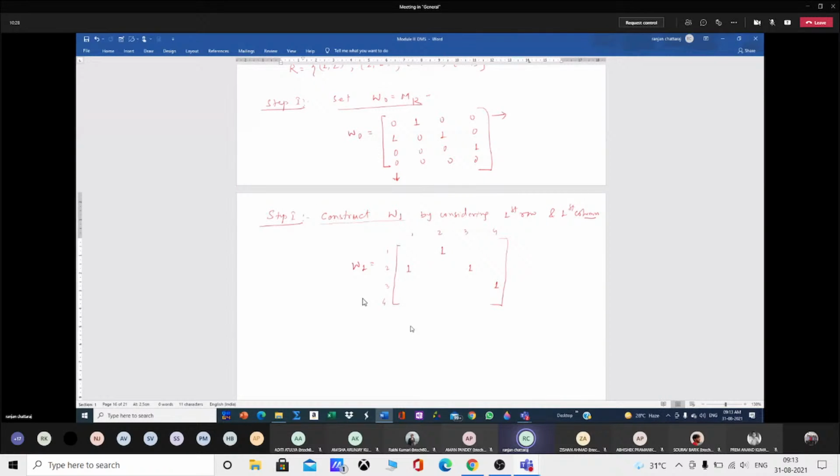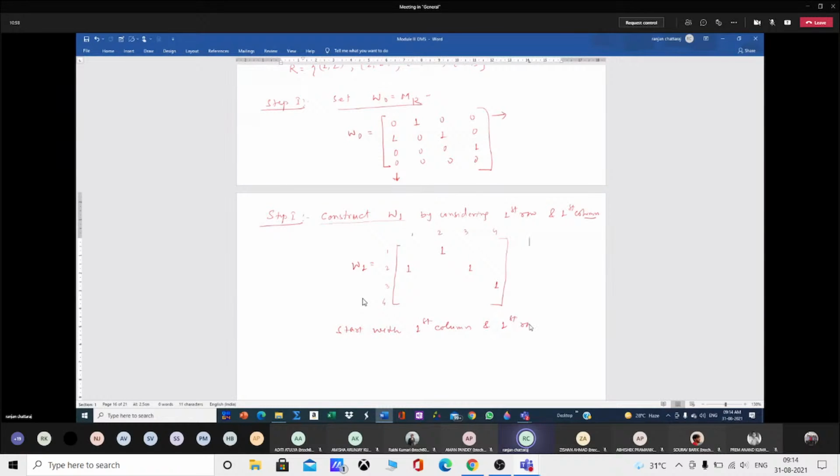So first we take the first row and the first column in W1, and consider the blank matrix. Blank matrix means we are not entering the 0 anywhere. Then start with the first column first, and then the first row.